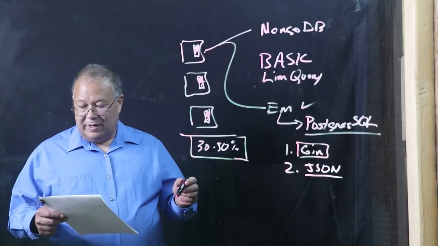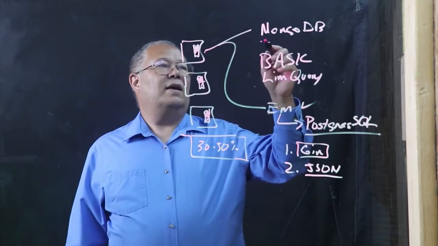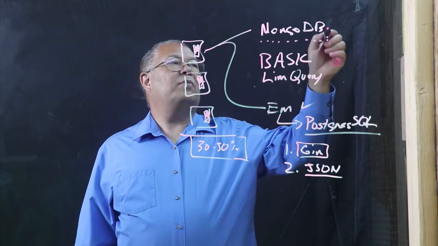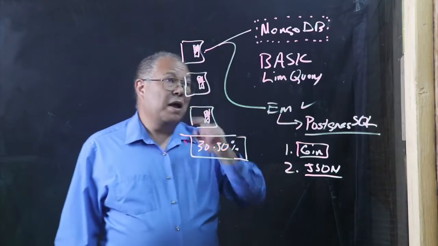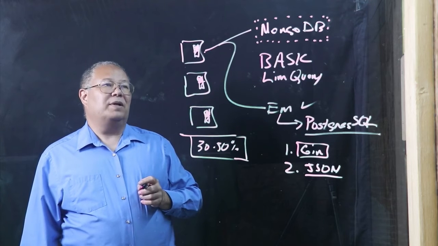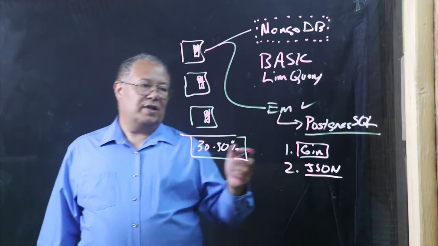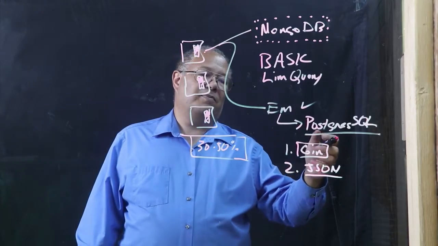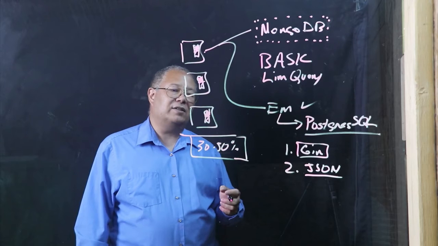Now, there are some good things about MongoDB. It fairly simply implements replication. It claims to have high durability, but there are things that we can do with Postgres that get us those same features, and do it at a scale that MongoDB can't touch.